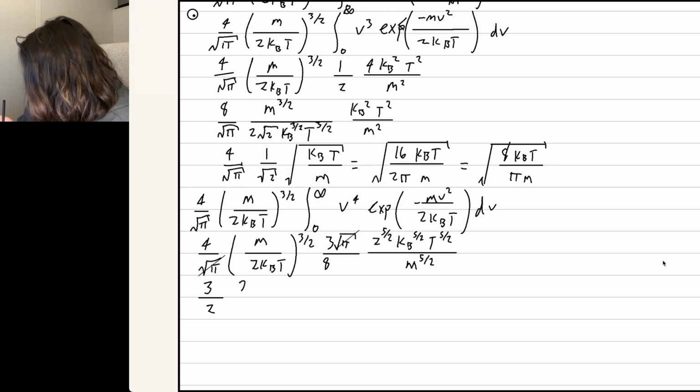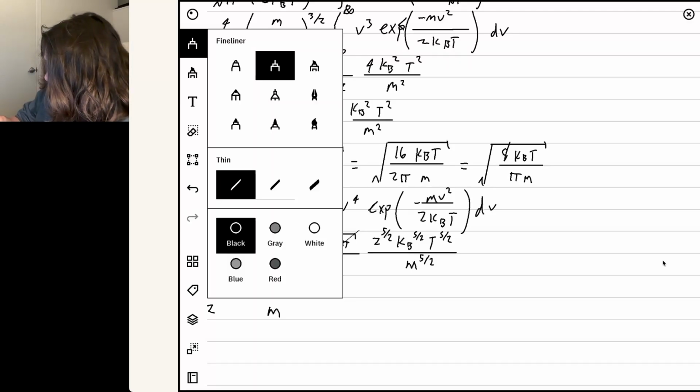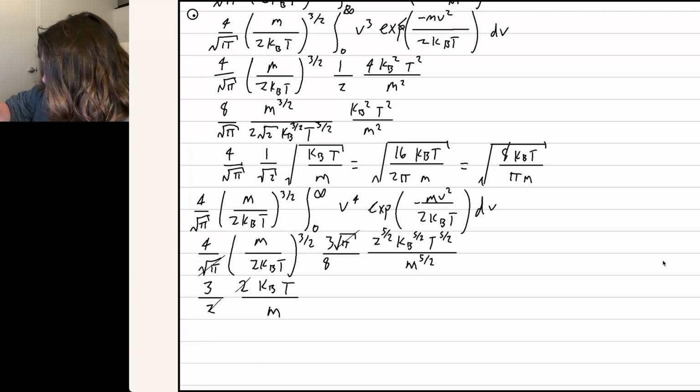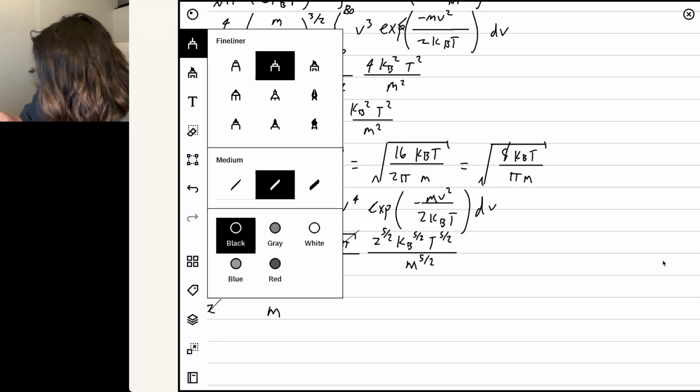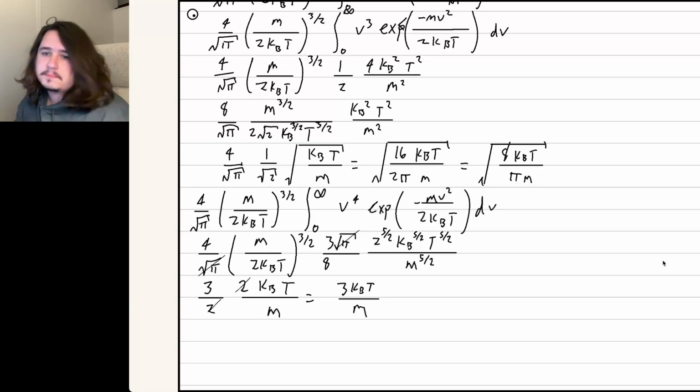So you have a 2 up top and kb t over m. And then the 2's cancel out, and you just end up with 3 kb t over m. Checks out.